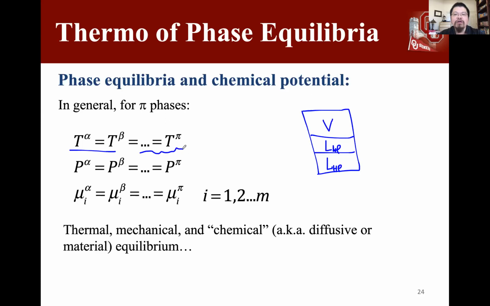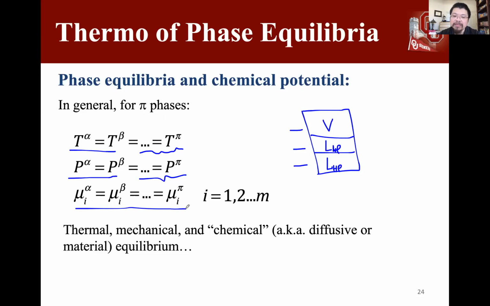You have to satisfy that all the temperatures throughout those phases are exactly the same. All the pressures for all those phases are exactly the same. For any component, you have exactly the same chemical potential in all those phases. So you have to check multiple equations for all the components, all the phases. And when you are satisfying those equations, then truly the system is at equilibrium.